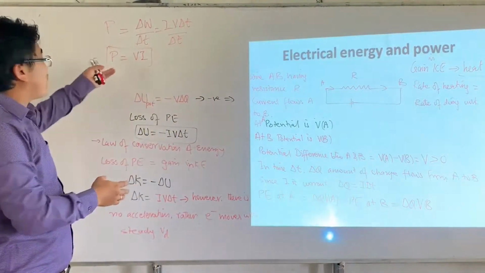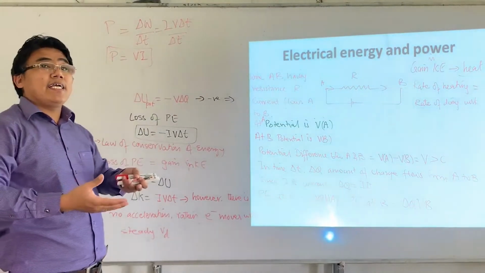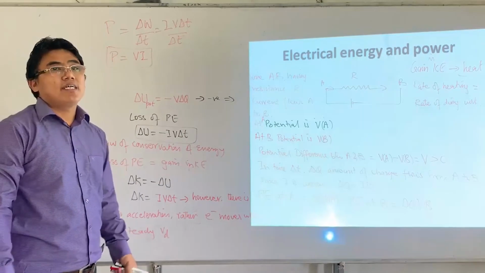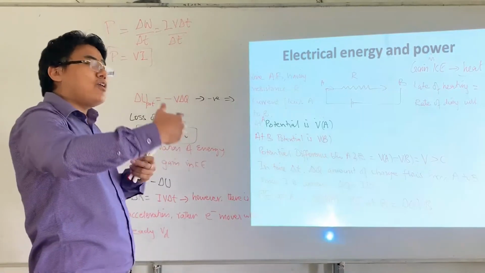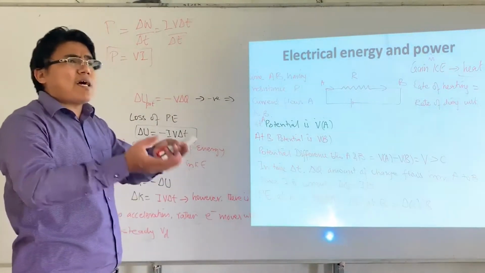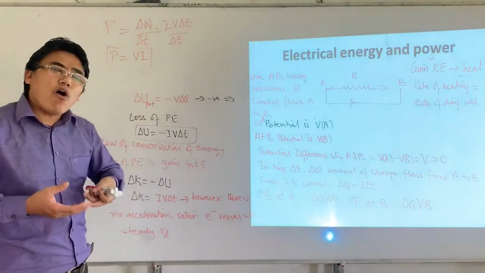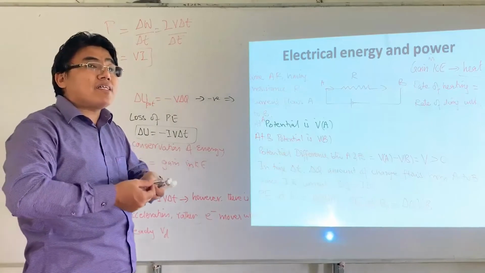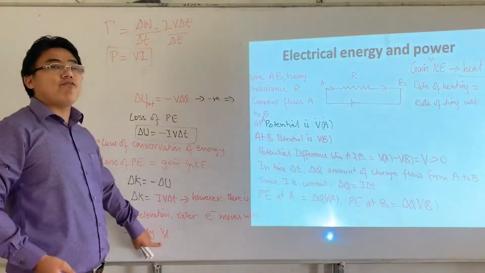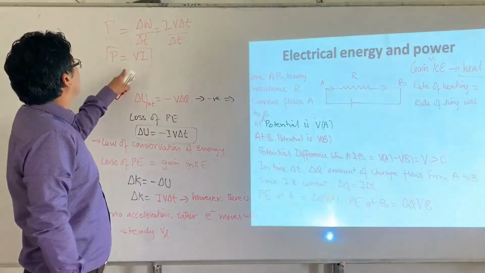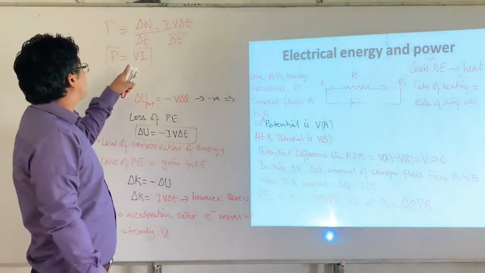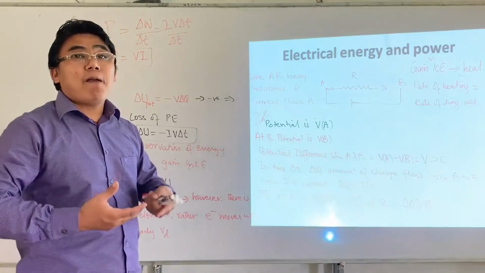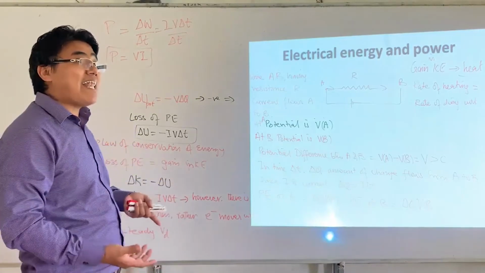Because of this power supply, electrons start moving with the drift velocities. I go on supplying this power so that electrons in a wire move with drift velocity. This power is normally supplied by a power source, normally a cell or a battery.